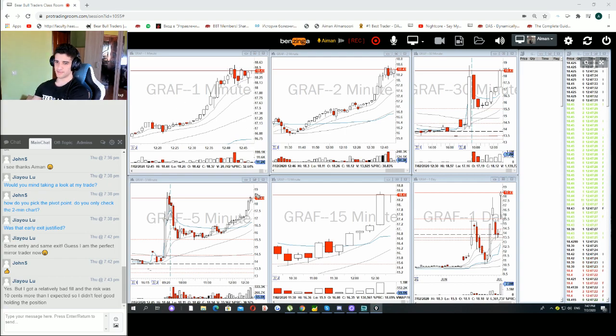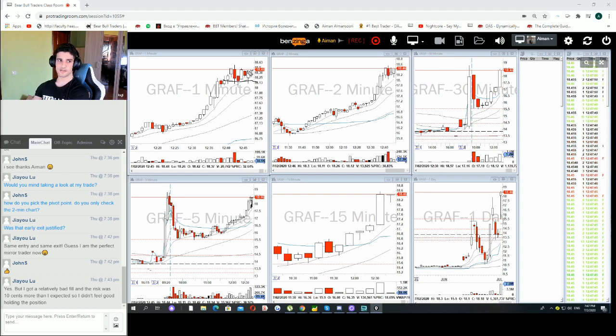But definitely not taking this thing to the long side when it's far. I don't like going with the trend because the risk to reward will be messed up. This would need to be the stop loss again, 30 cents, and buying the tops, selling the bottoms is not how I love to trade.